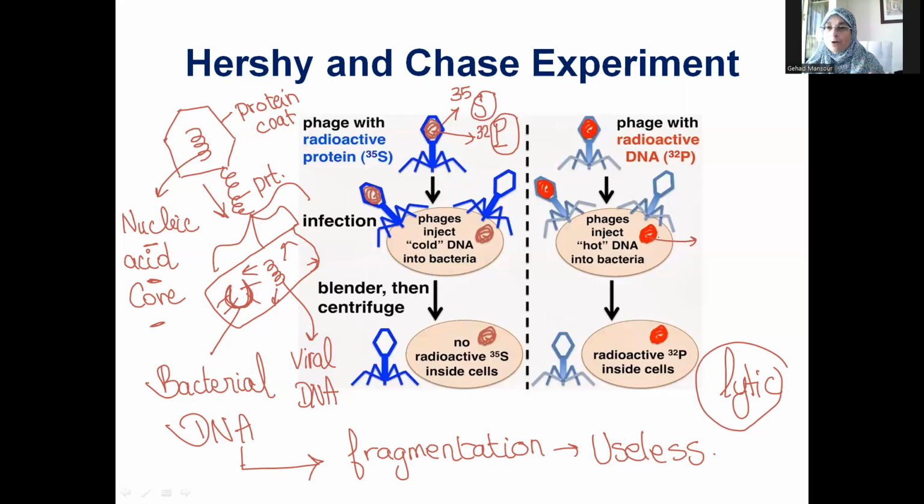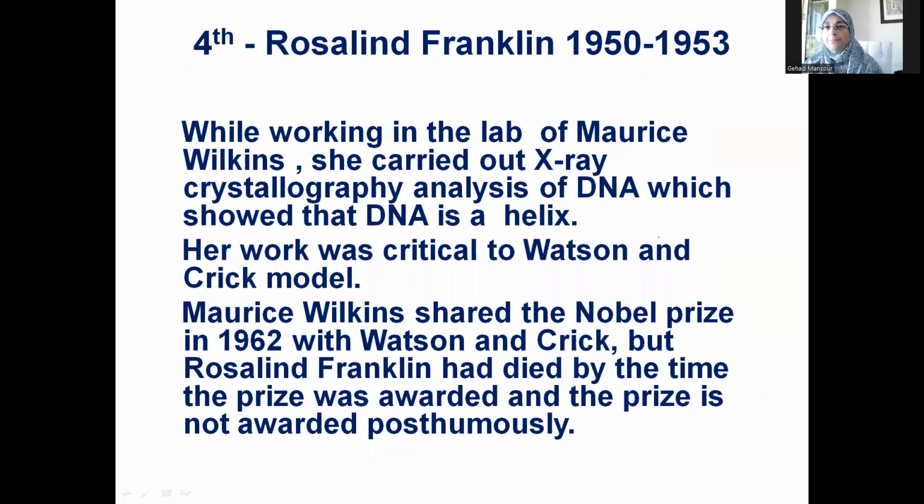So will the bacteriophage inject the protein or will it inject the DNA? How could we know without labeling both protein and phosphorus? When they did this, they found that it was the phosphorus that was injected, and therefore the DNA.